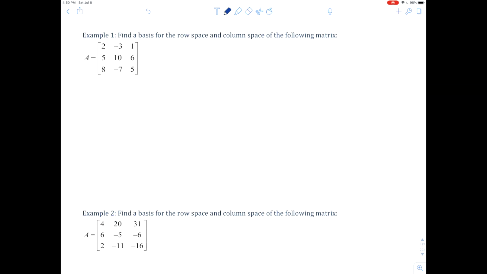So let's do it. Find a basis for the row space and column space of the following matrix. So we have A equals the matrix with rows 2, negative 3, 1; 5, 10, 6; 8, negative 7, 5.